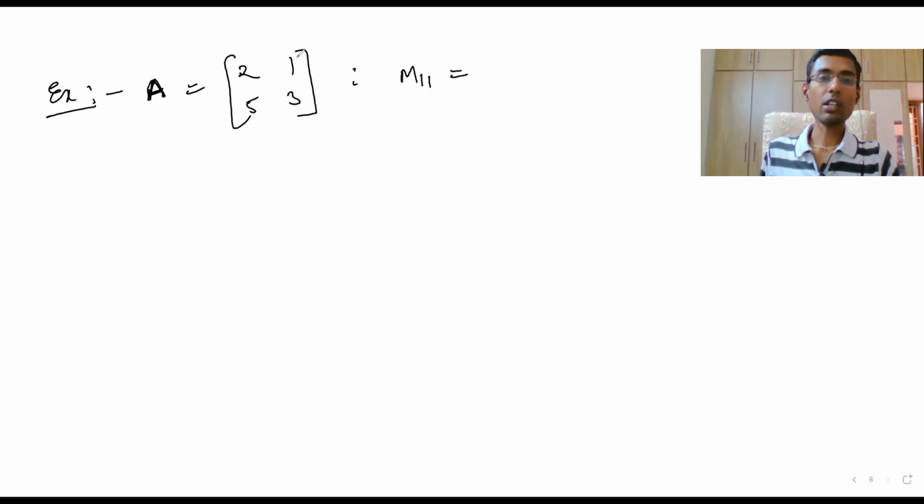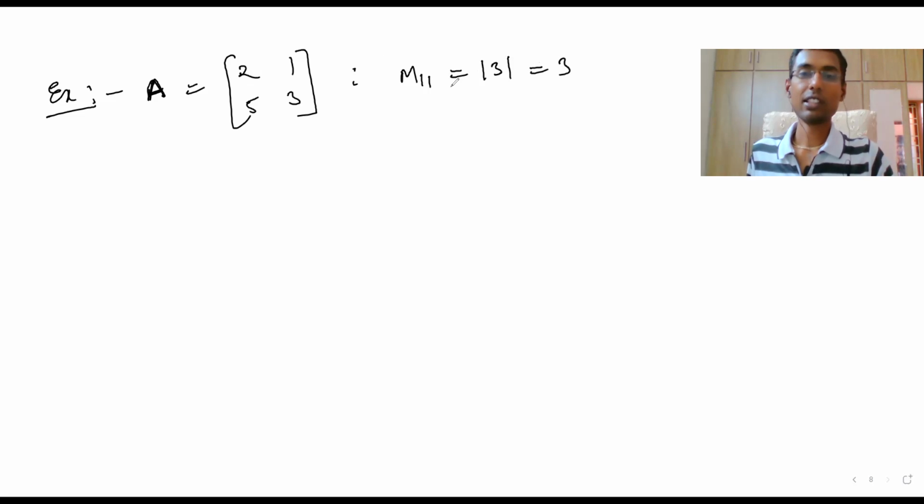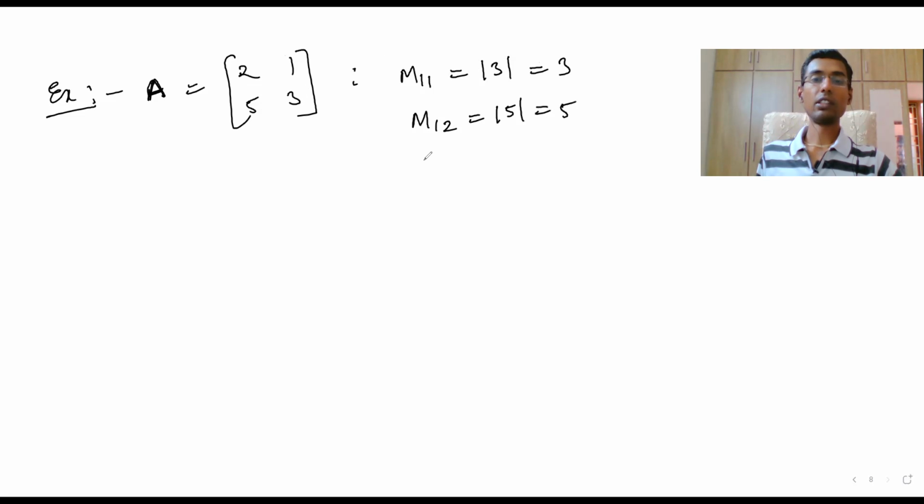For 2, the minor is the determinant obtained by removing the first row and first column, which is det 3, that is 3. Minor of 1: first row, second column, is det 5, that is 5.